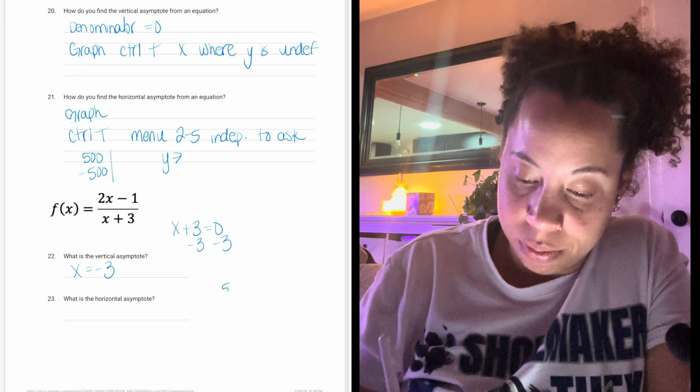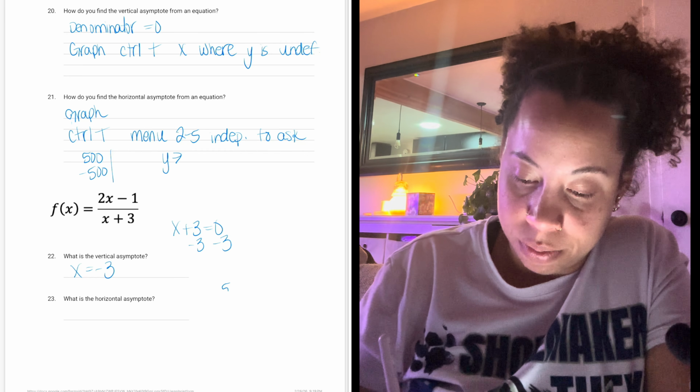So that's your horizontal asymptote. And then if we're looking at this one, your horizontal asymptote, your y equals, when you plug in 500 and negative 500 into your table, this is getting really close to 0.5, and this is getting really close to 0.5 from the other side. So y equals 1/2.